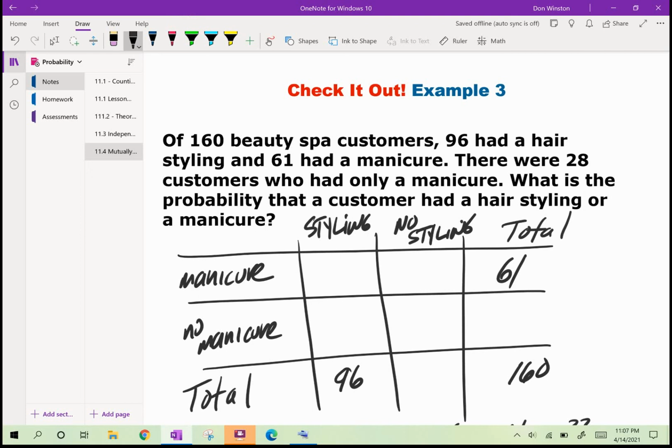And 61 had a manicure, so a total of 61 had a manicure. So I label manicure and no manicure, styling and no styling. There were 28 customers who only had a manicure.